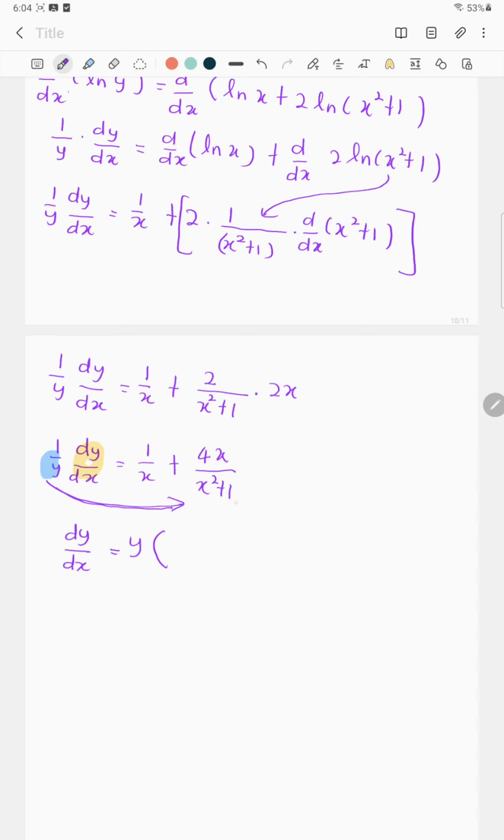Write back this whole equation: dy over dx equals y times 1 over x plus 4x over x squared plus 1. Okay, this is the answer.